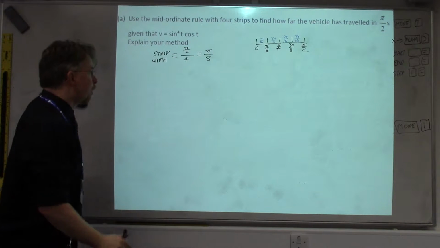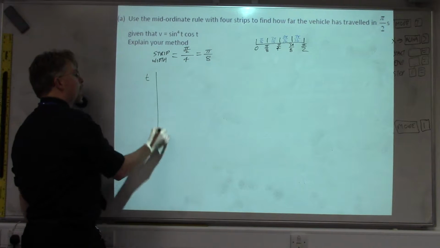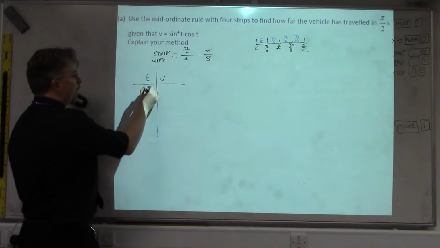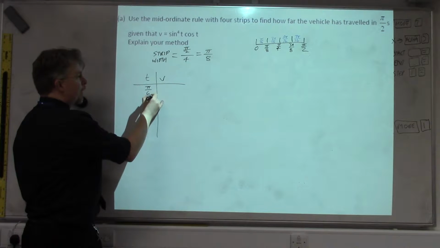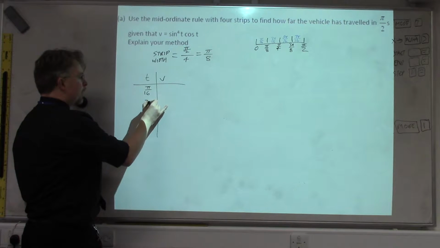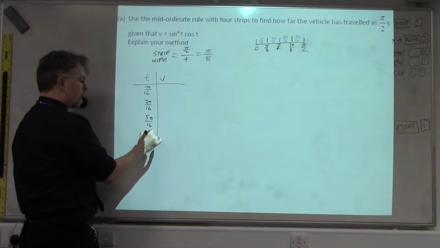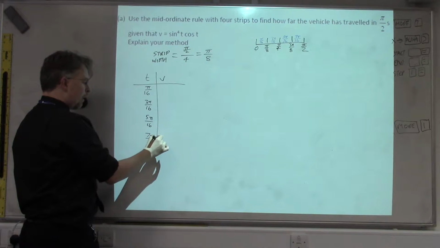As usual for the mid-ordinate rule, we need a table for t and v, and we need the midpoints: pi over 16, 3 pi over 16, 5 pi over 16, 7 pi over 16.